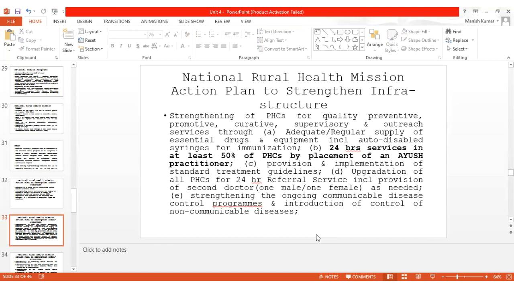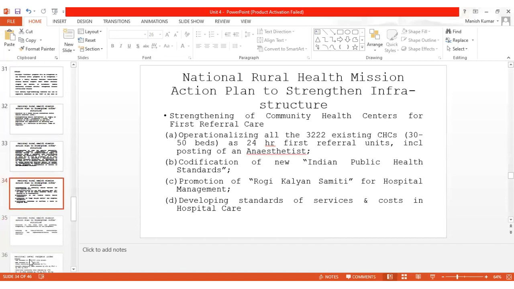Again, most of the PHCs have only one medical officer, either medical officer or medical officer in charge. Yes, in southern states, I have seen two medical officers. In North India, this is a very rare phenomenon.